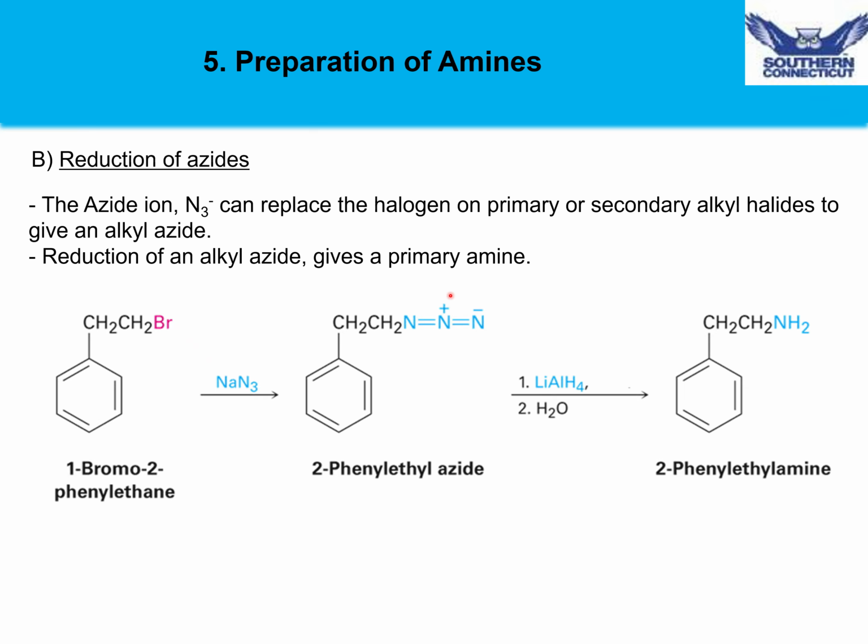We can reduce this functional group similar to nitro groups by using lithium aluminum hydride, for example, and that would give us a primary amine plus, although it's not shown here, nitrogen gas, which is N2.